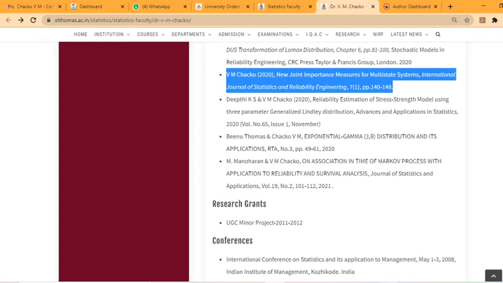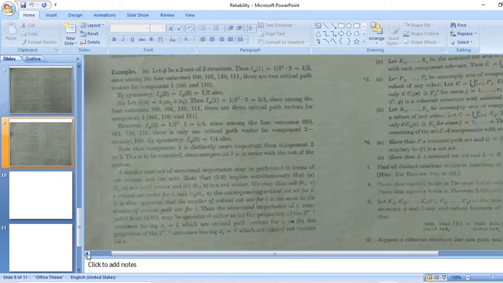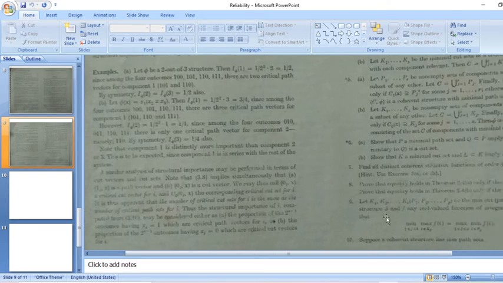So my work concentrated on the structural and reliability importance of different systems, different multi-stage systems. The basic framework is taken from this part. Okay, basic ideas and terminologies I have taken from this work. Okay, anyway, I stop this presentation now today.